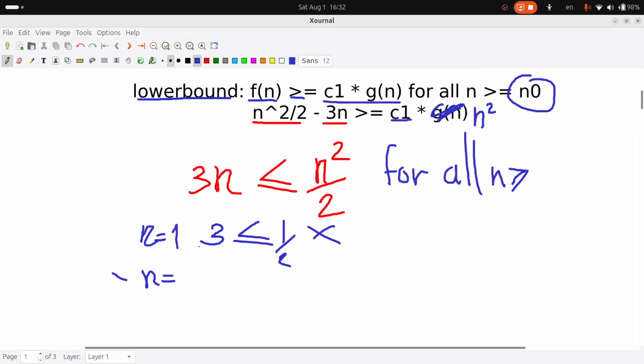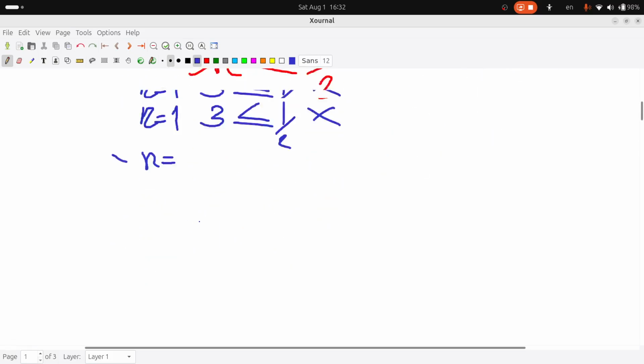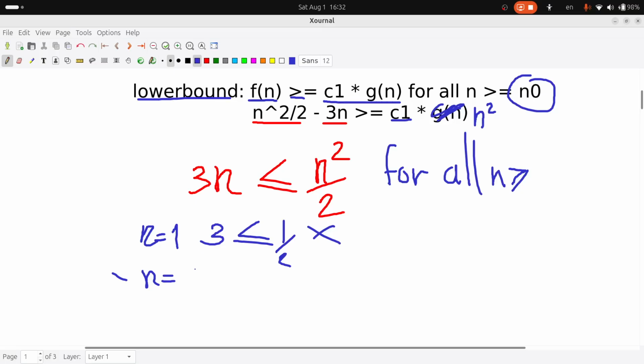What about n equal to 4? 3 multiplied by 4 is 12. 4 squared is 16. 16 divided by 2 is 8.